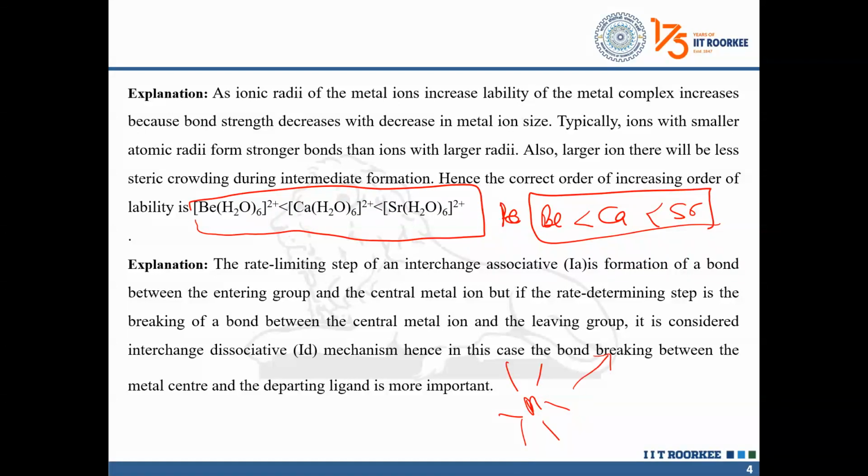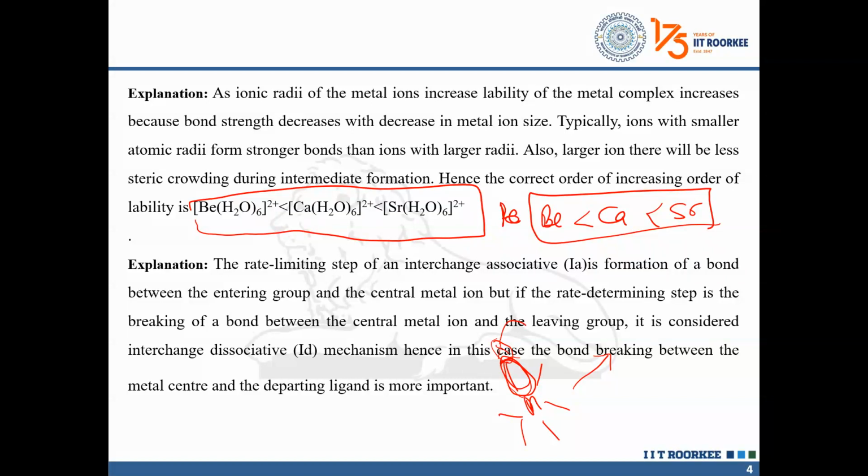Let's say you have an octahedral complex and it is undergoing the dissociative mechanism. Let's say this is X, the ligand that has to depart. If the bond strength of this bond is very small, this X ligand will be easily departed.